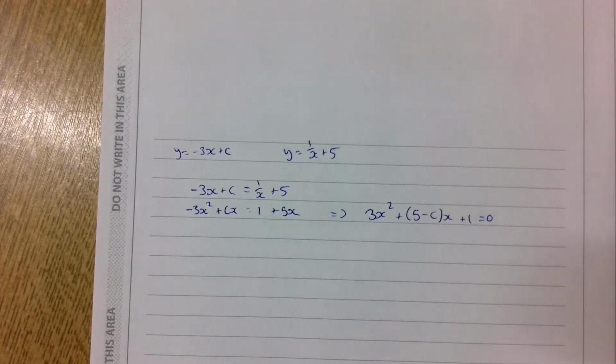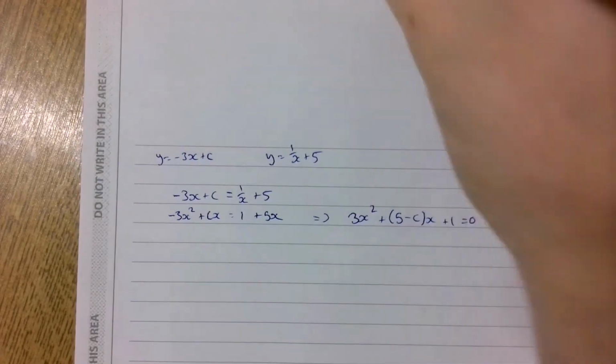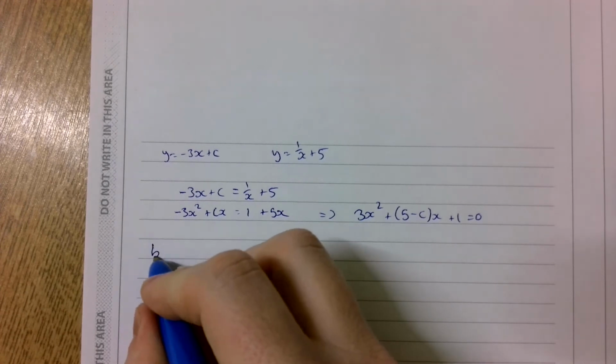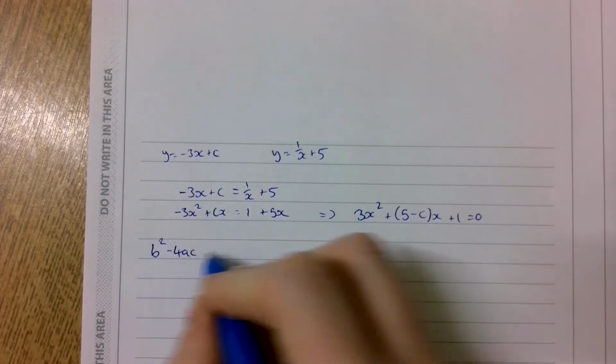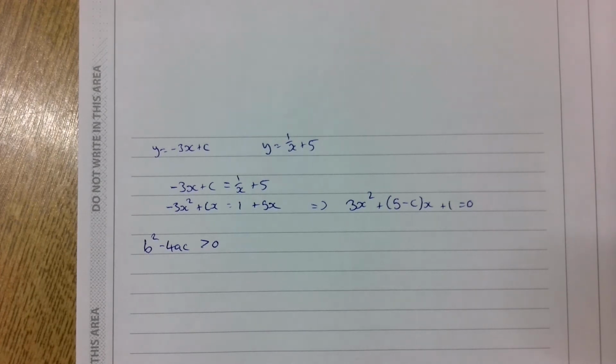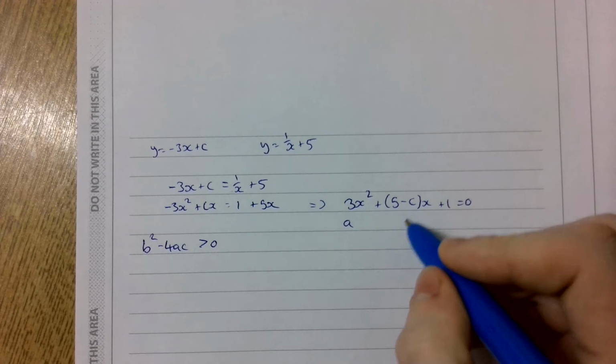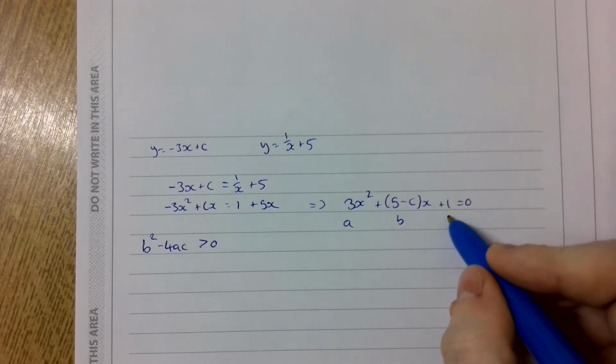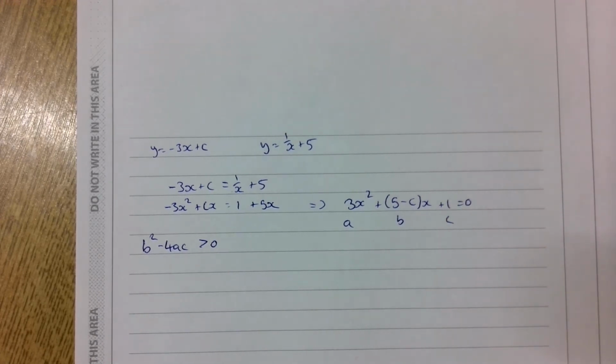So what I'm now going to do is have a look at the discriminant. The reason I'm going to do that is it tells us specifically that it cuts at 2 distinct points. So my discriminant, b squared minus 4ac, has to be larger than 0. So let's put in all the information. a is 3, b is 5 minus c, and c is 1.